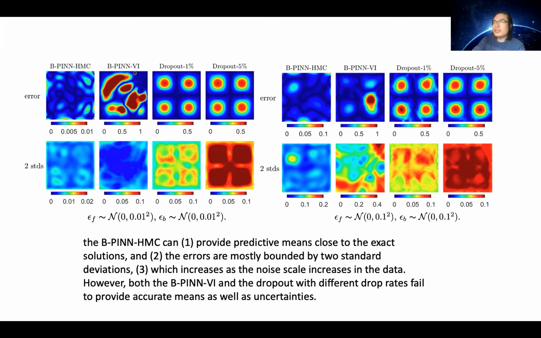However, variational inference is not as good as Hamiltonian Monte Carlo, because it gives a bad result, so I will not introduce it, as it is not recommended at all. Dropout, another technique for uncertainty quantification in neural networks, also didn't work in this kind of problem. So I just want to conclude that HMC is highly recommended.